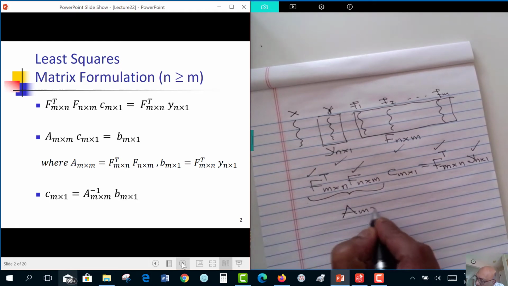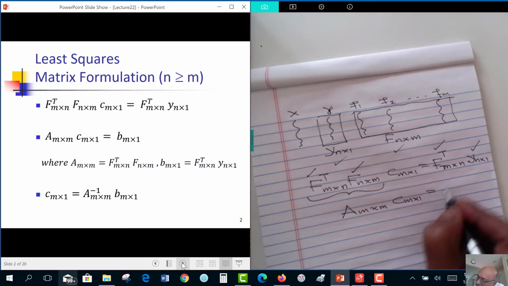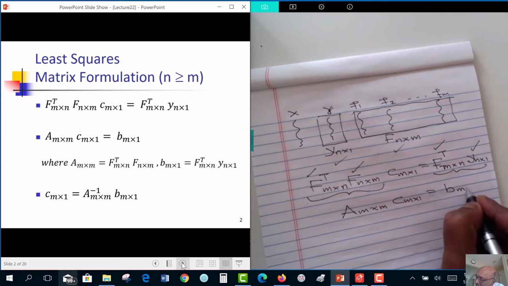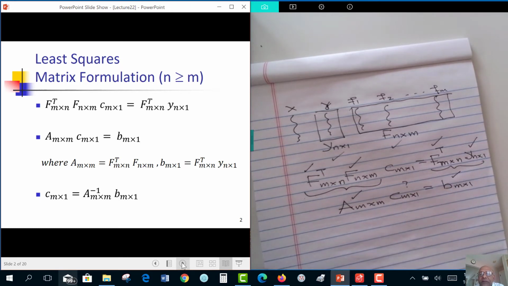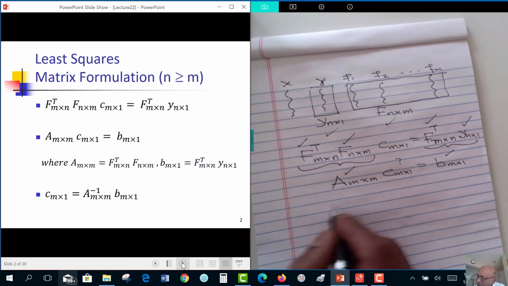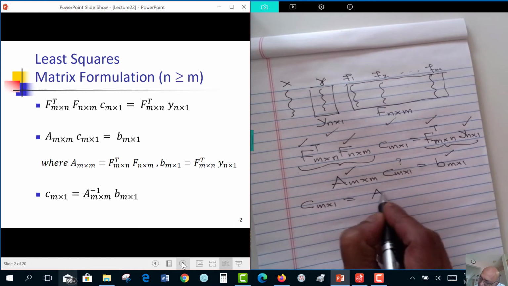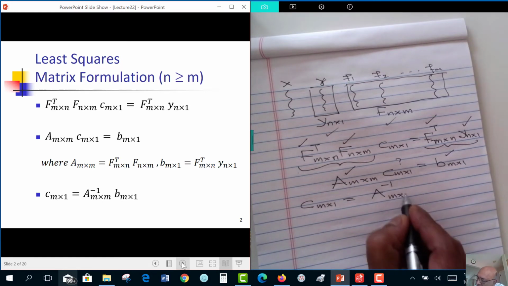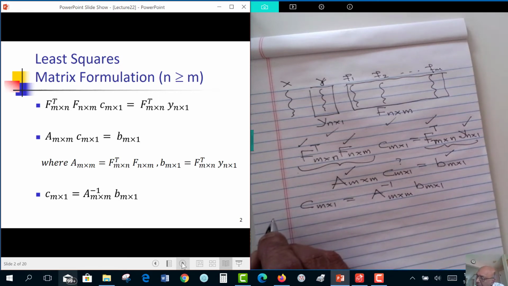So we will get a matrix A, m by m, C m by 1. Again, we know both of these. Multiply, we will get a matrix B. So now we know A and B, we want to find C. And we know if we are going to use computers, we are going to use matrix inverse. So we know C is going to be inverse of A, which is also m by m, times B. So that is going to be our formulation.